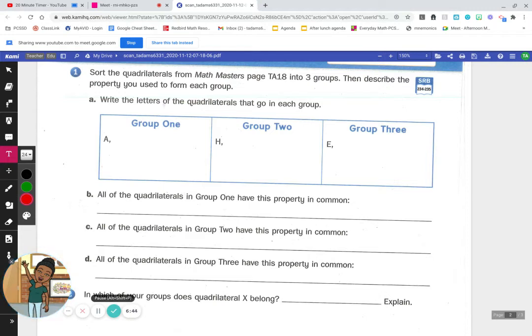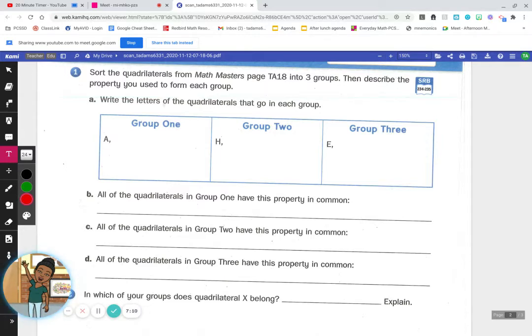Before we sort, let's see what we're looking for. All of the quadrilaterals in group 1 have this property in common. All of the quadrilaterals in group 2 have this property in common. All of the quadrilaterals in group 3 have this property in common. We are going to focus on the property. What kind of lines?